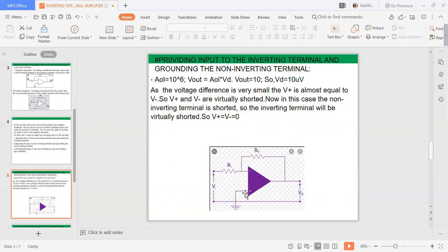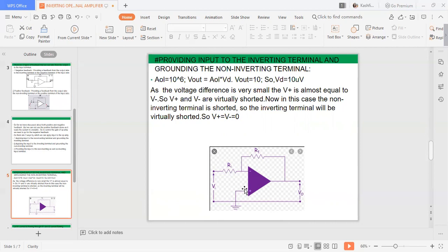The difference between these two is the VD. Now assume V out is 10. So the VD will be 10 microvolt. As the voltage difference is very small, V plus is almost equal to V minus. So V plus and V minus are virtually shorted.